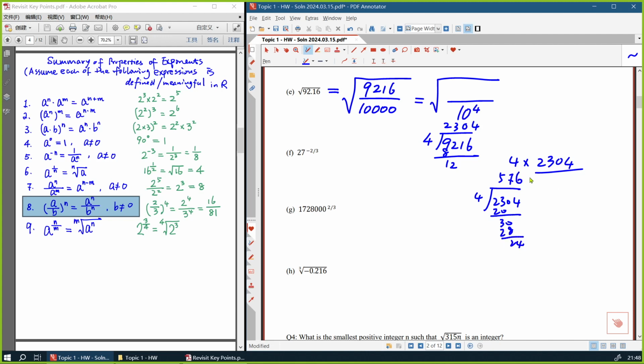Then again that equals 4 times 4 times 576. If you still can't see how to factor this number, try another 4, right?